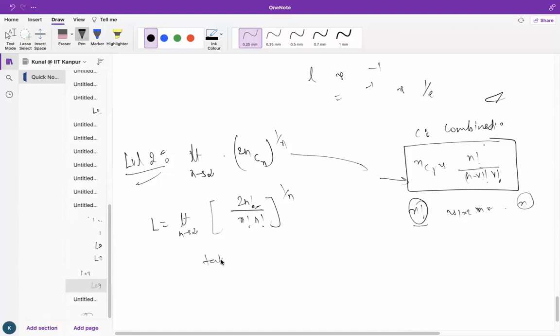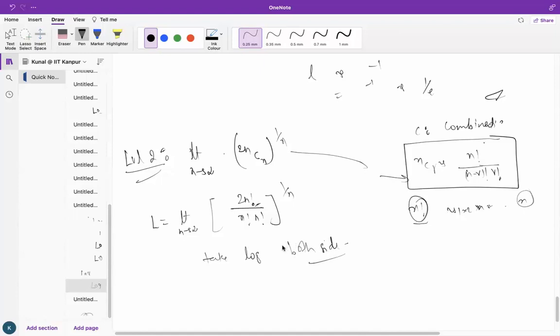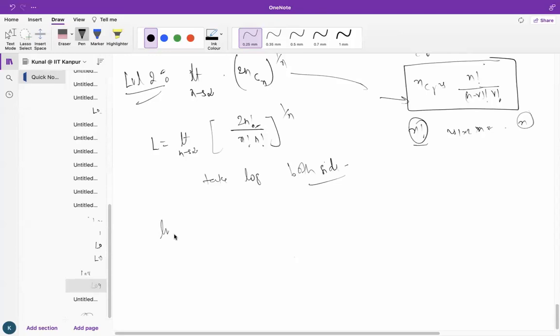So take log on both sides, obviously. So it will be like ln of L, and it will be limit n tending to infinity, the power comes in front, so 1 by n, ln of 2n factorial divided by n to the power 2n, right?